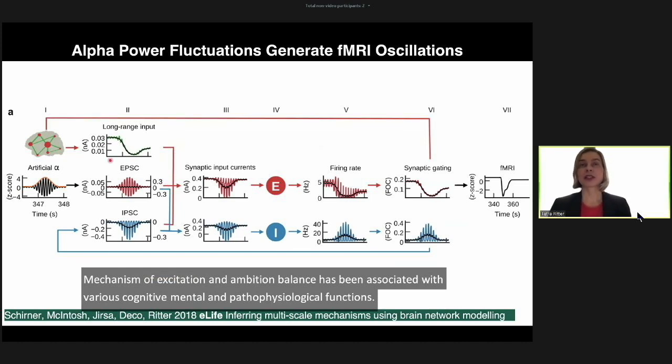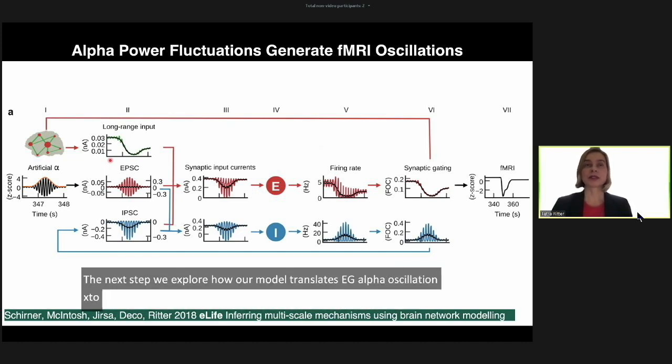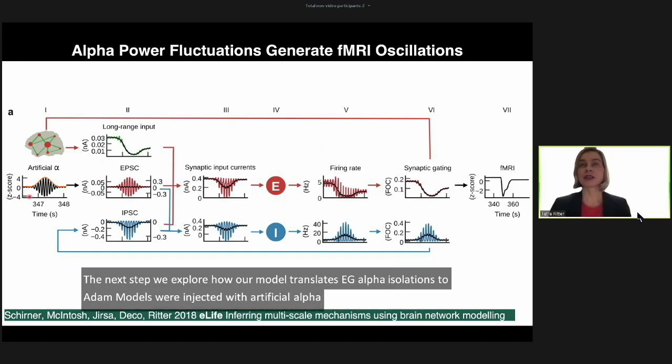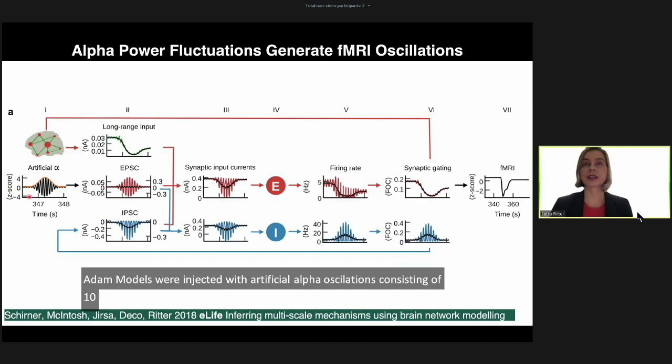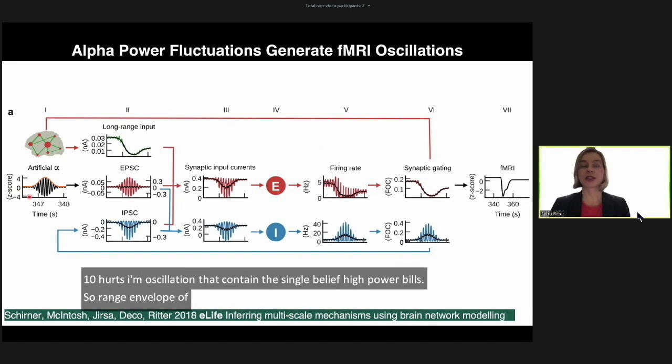In the next step, we explore how our model translates EEG alpha oscillations to fMRI. Models were injected with artificial alpha oscillations consisting of 10 Hz sine oscillations that contained a single brief high power burst. The orange envelope of this burst indicates the increase of the alpha power.